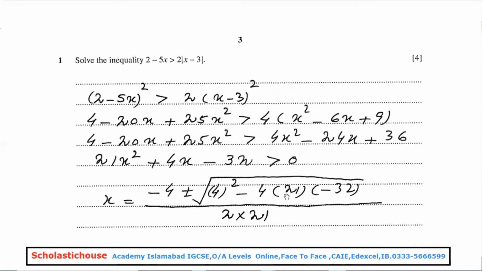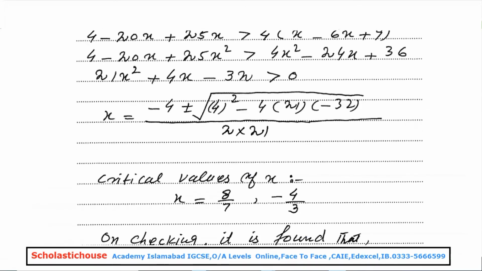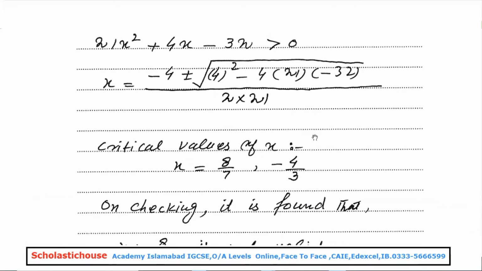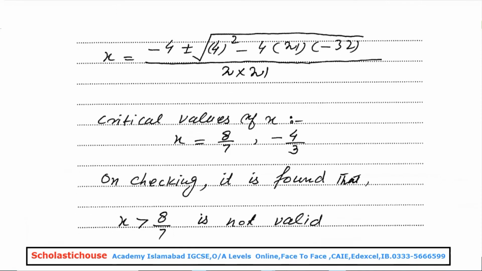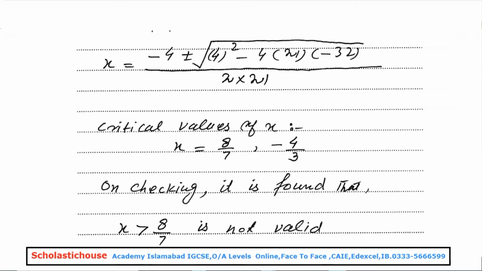By using the quadratic formula, where 21 is a, plus 4 is b, and minus 32 is c, we have two critical values of x after simplification, that are 8 over 7 and minus 4 over 3. On checking, it is found that x greater than 8 over 7 is not valid. How can we check this value?